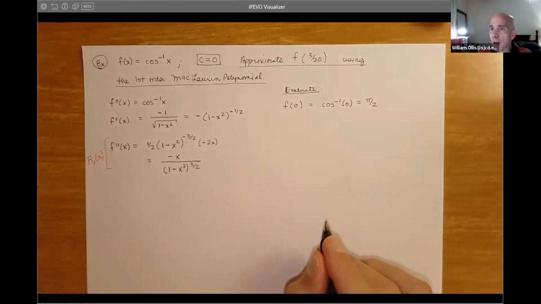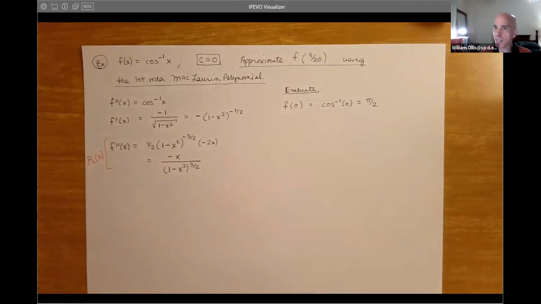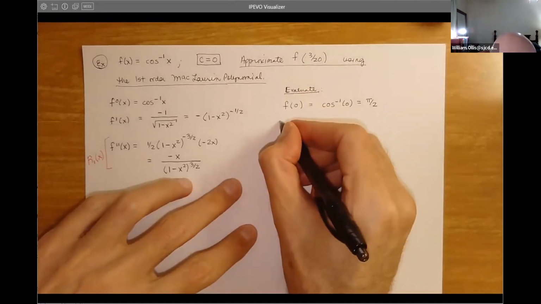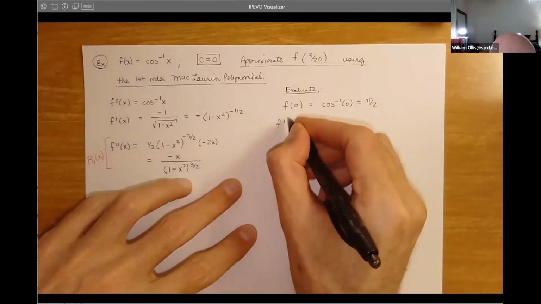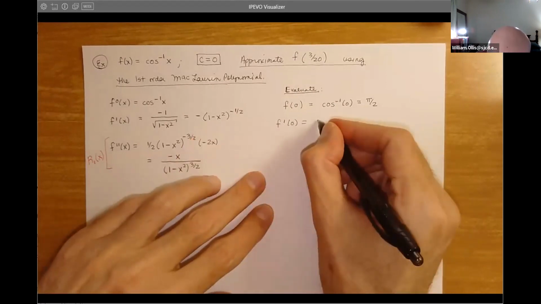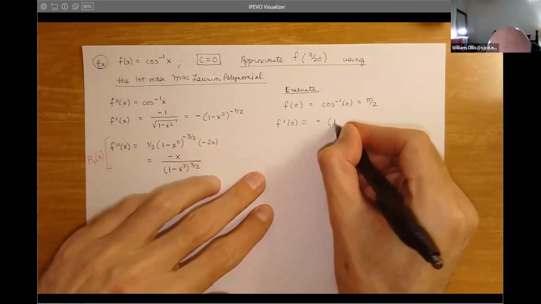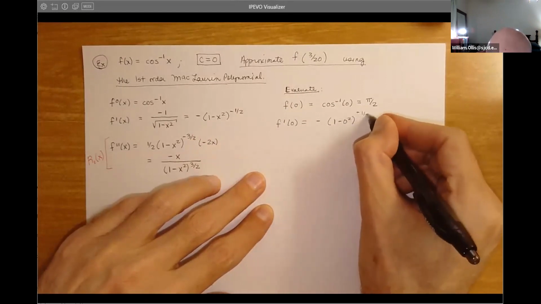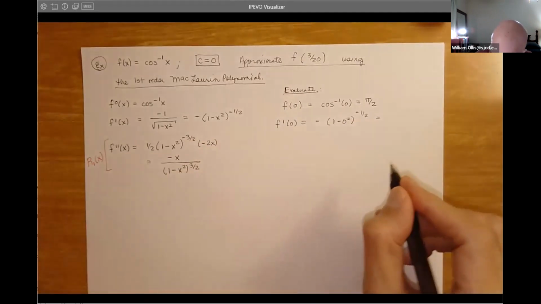Cosine of pi over 2 is 0, so we flip it around to get the value. I know you all know this, but I'm acting like you're in pre-calculus. And then f prime of 0, again, we'll just substitute. So this will be negative, so we get 1 minus 0 squared to the negative 1/2. So this will just be a negative 1.